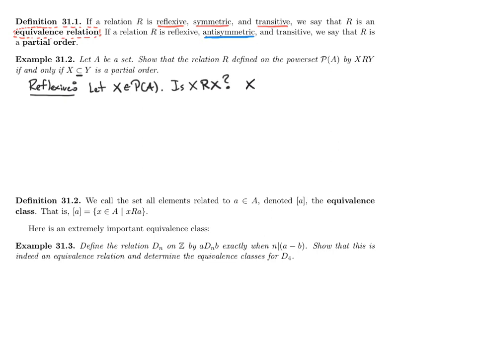Well, of course it is. Every set is a subset of itself. So, yes. R is indeed reflexive. Since every element is a subset of itself, every element is related to itself. And by element, I mean an element of the power set of A. So that's great. Perfect. Let's check anti-symmetry now.